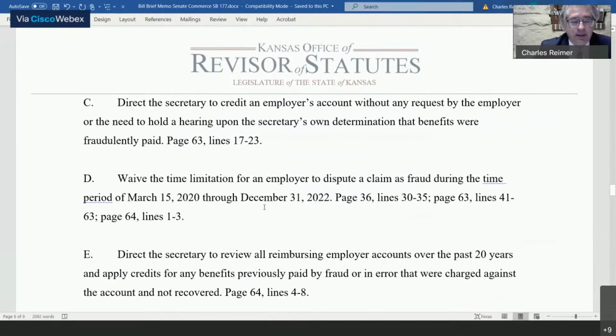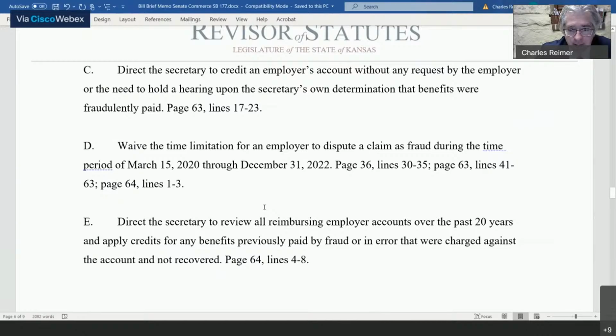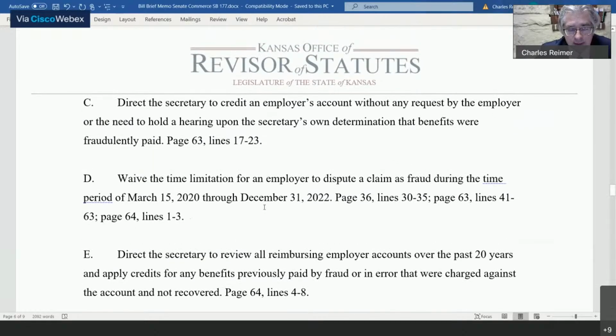So I guess I will continue then. I think maybe the proponents can address some of these provisions regarding holding employers harmless. One of the aspects of that is that the time limitations for an employer to dispute a claim as fraud are waived during the period of March 15, 2020 through December 31, 2022.